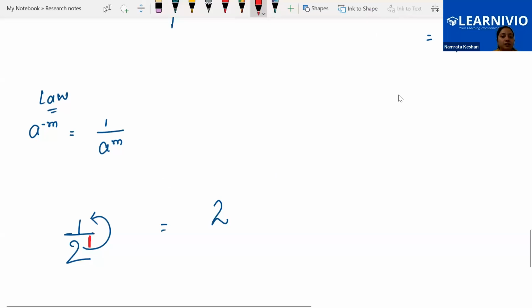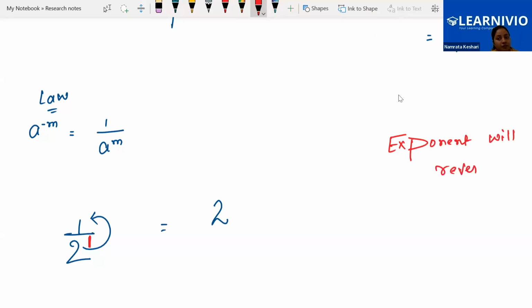Since we have written the same 2 in the numerator, the exponent will reverse its sign. Write it: whenever we switch the place, the exponent will reverse its sign. If it is positive, it will become negative. If it is negative, it will become positive. So it was already positive, it will be negative. Clear? Yes, ma'am.